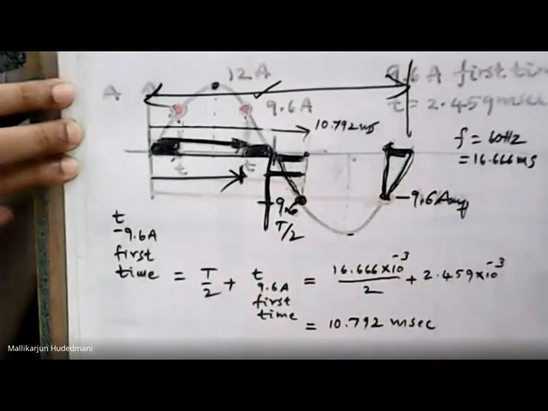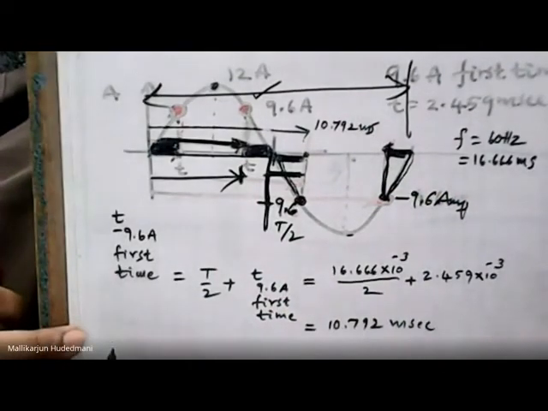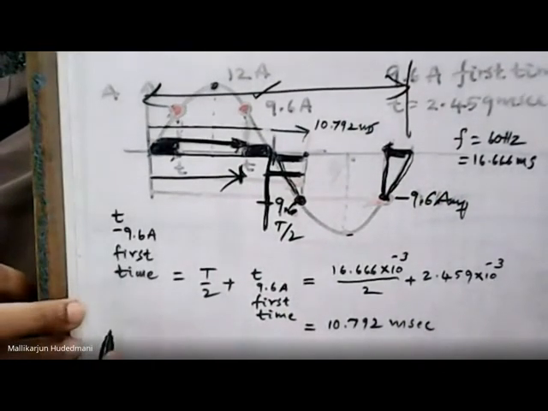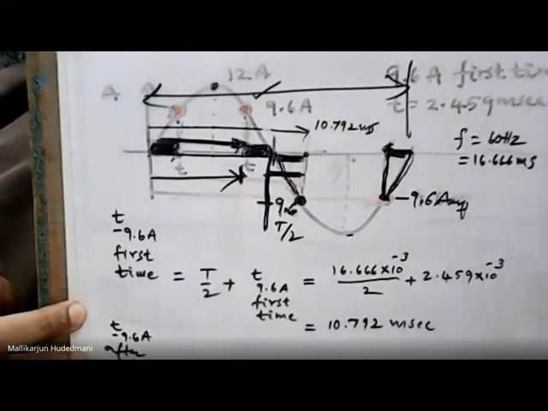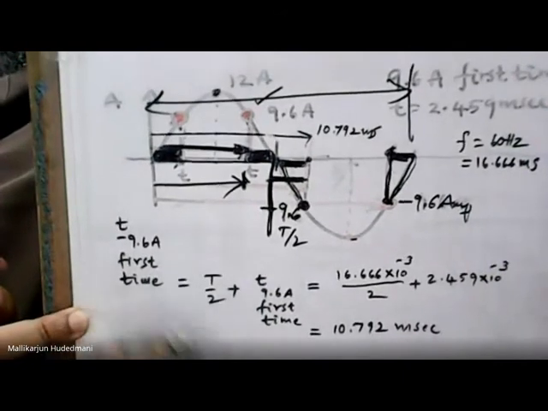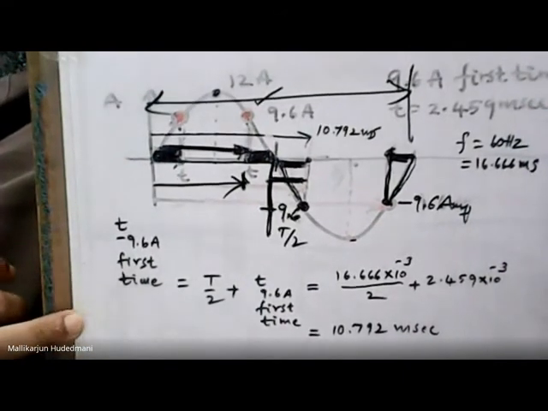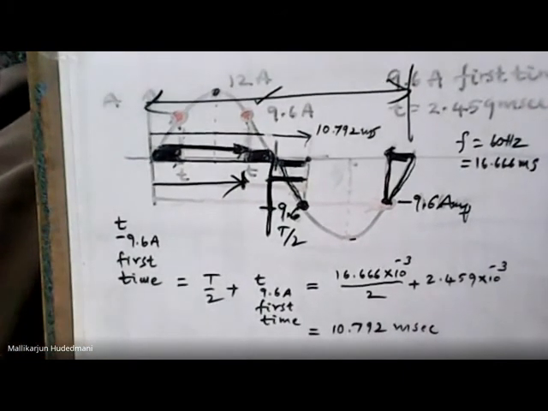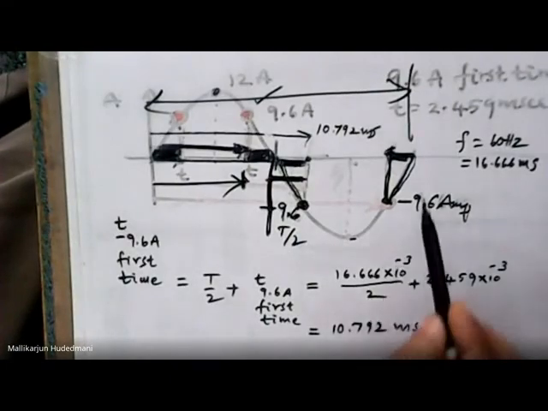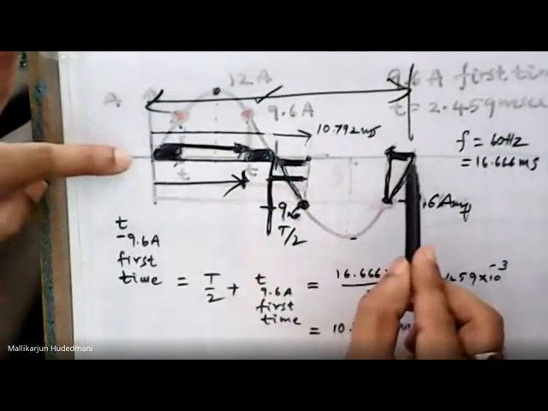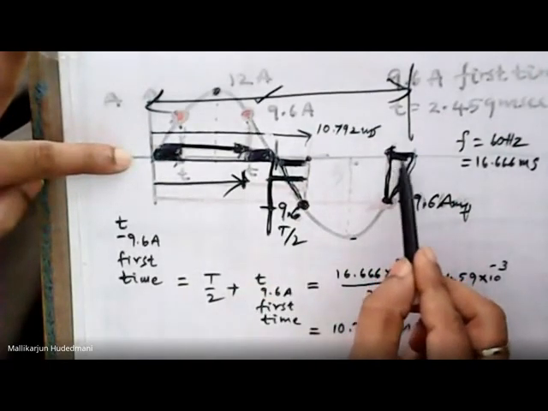Time for minus 9.6 ampere after negative max: whole cycle time T minus time for first time occurrence.